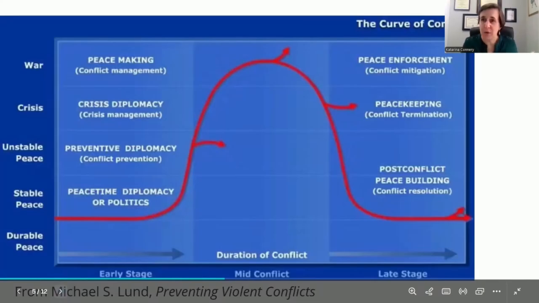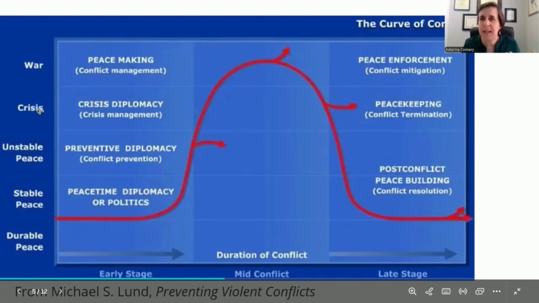An extremely useful tool, which USIP also completely embraces, is Lund's curve of conflict. This comes from the book from Michael Lund, Preventing Violent Conflicts. You can check it out, it's on Amazon. But his curve tracks conflicts in terms of time, that is on the horizontal axis, and also in terms of intensity along this vertical axis.